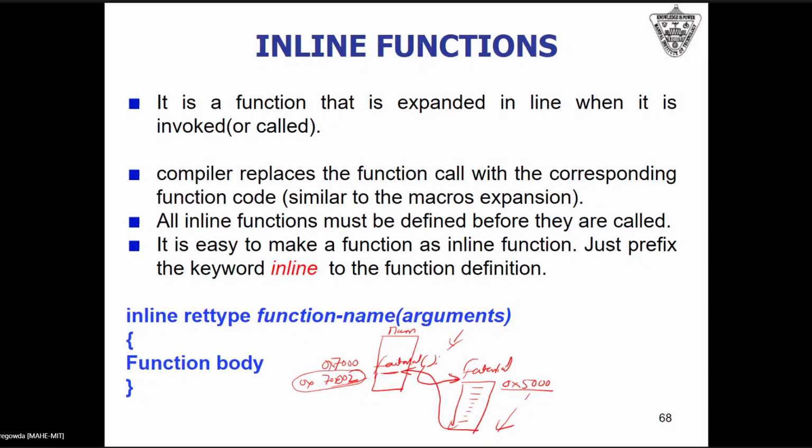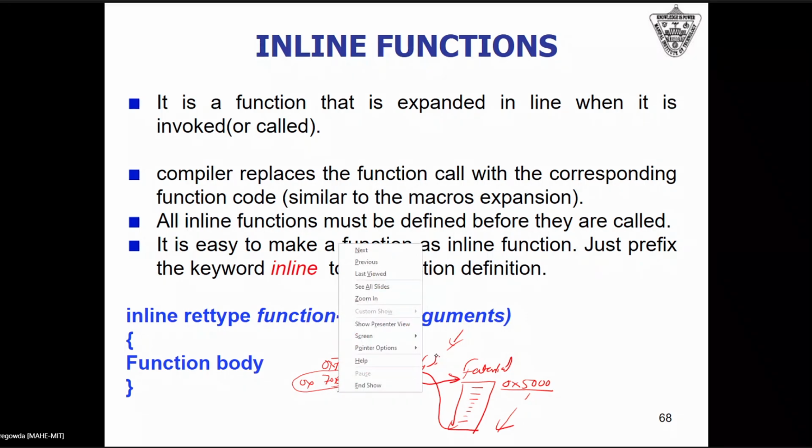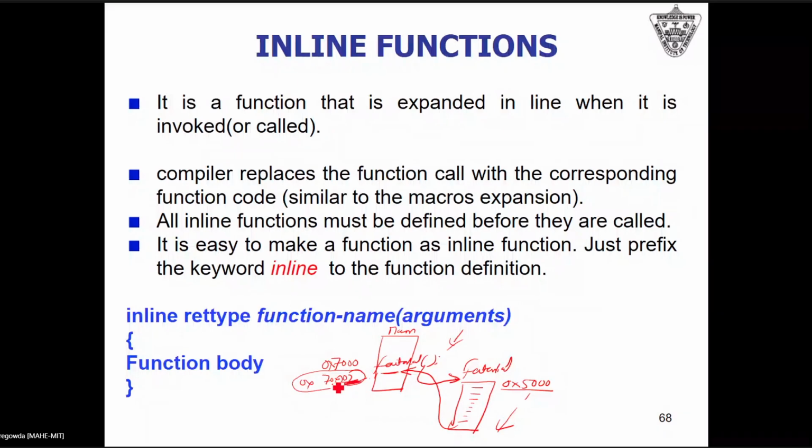Whenever a return occurs, the compiler will retrieve the return address which was saved onto the stack and start executing the instruction stored starting from 7002 onwards. So in order to do all this, some amount of memory is used by the compiler, because you need to store the return address onto the stack. Stack is nothing but a part of the memory.